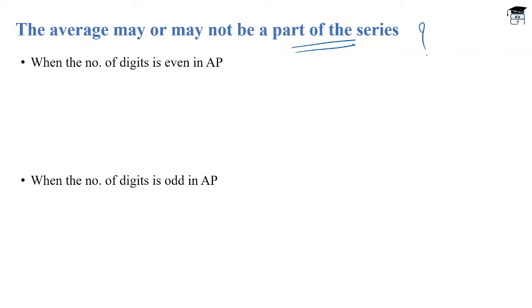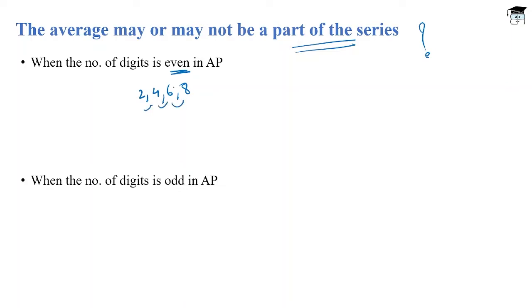Now what does this mean? This means when the number of digits is even in AP. Let's say 2, 4, 6, 8. These are even digits, 1, 2, 3, 4. 4 is an even number, right? Now, they are in AP. Differences of 2, 2, 2, right?